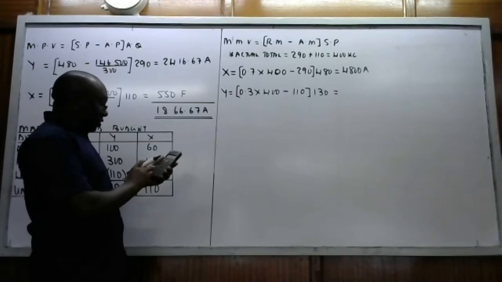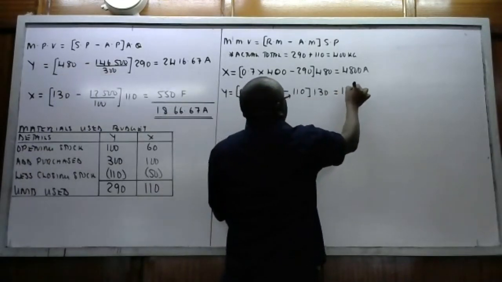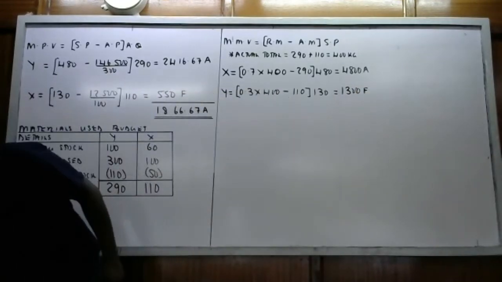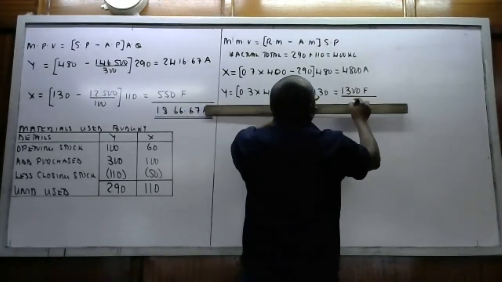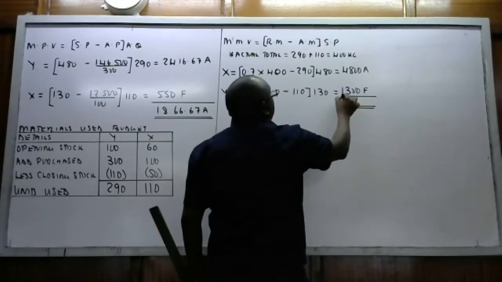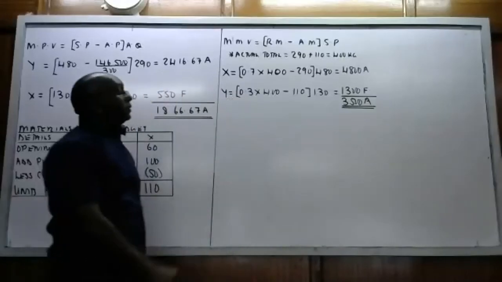Here we used less. So this is 1,300 favorable. So this is 3,500 adverse when you combine it.